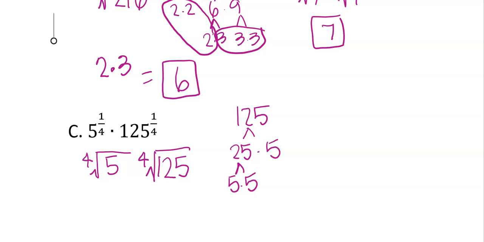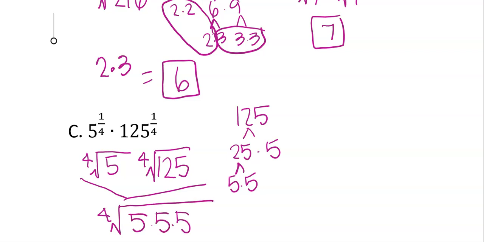Okay, now do we have enough right there to take it out? We don't. But could we put them together and have enough? Then we can. So what I'm going to do is I'm going to put all of these together. So I really have the 4th root of all of these, right? Because there's 3 more in the next one. So it kind of looks like that.